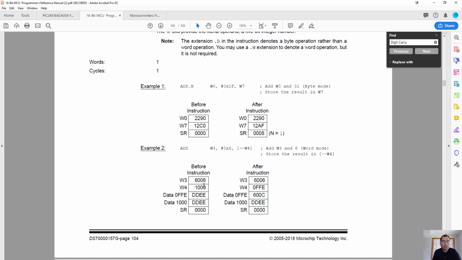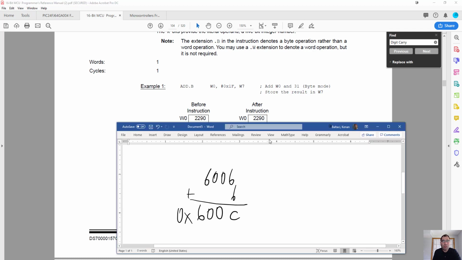Because the current address value in W4 is 1000, and because this is a word operation, you decrement by 2.